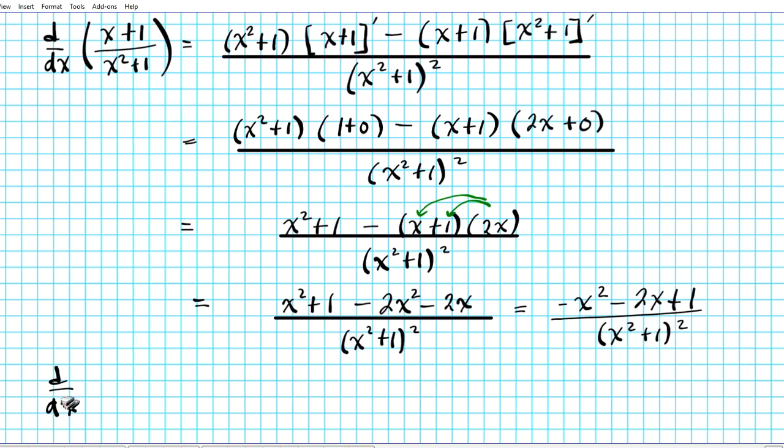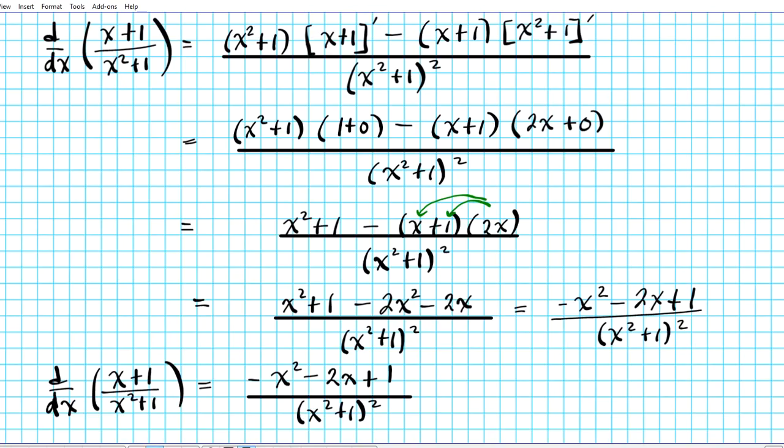Okay, so d dx, the derivative with respect to x of x plus 1 over x squared plus 1 is negative x squared minus 2x plus 1 divided by the quantity x squared plus 1 quantity squared.